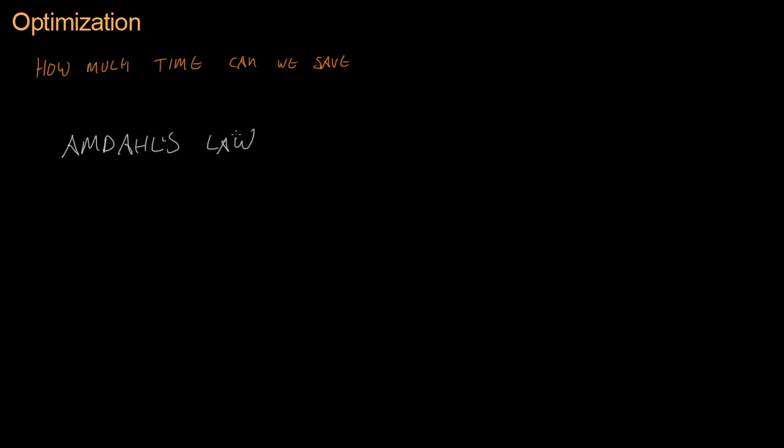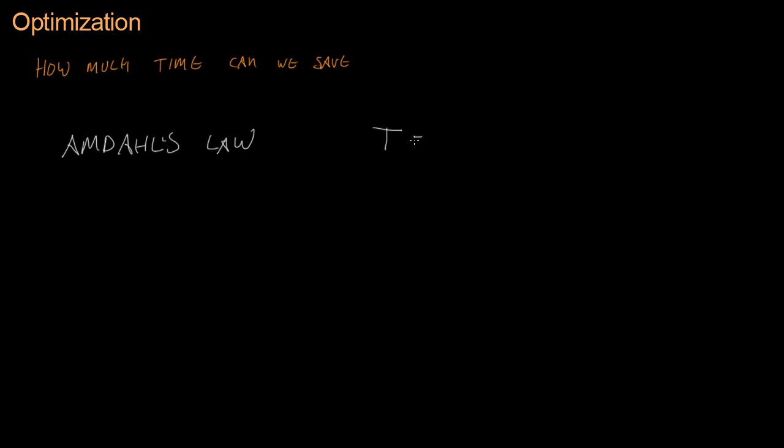Now, Amdahl's law was originally developed to describe how much parallelization can save in a program's running time. But we can generalize it a little bit, which we're going to do in this video, to talk not only about optimizations that come from parallelizing code, but also just general optimizations.